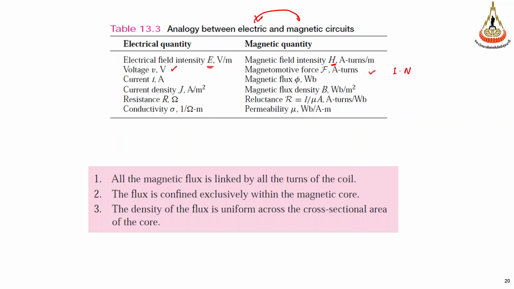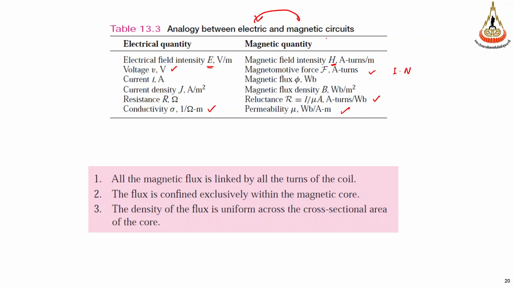Current density J corresponds to magnetic flux density B. Resistance R corresponds to reluctance. Conductivity corresponds to permeability.